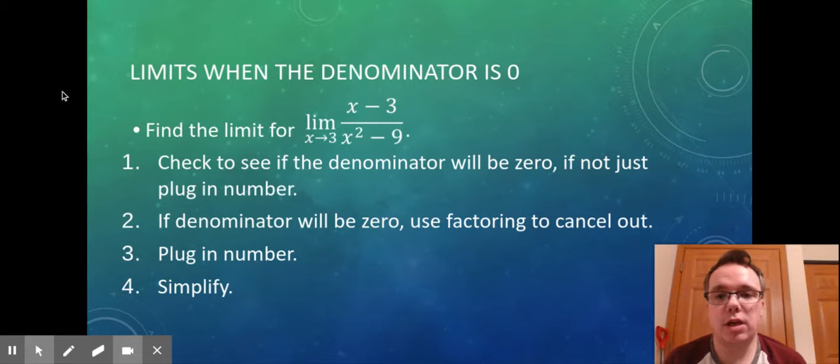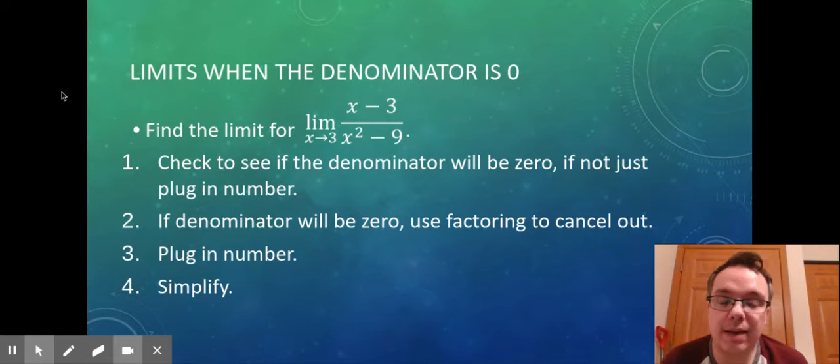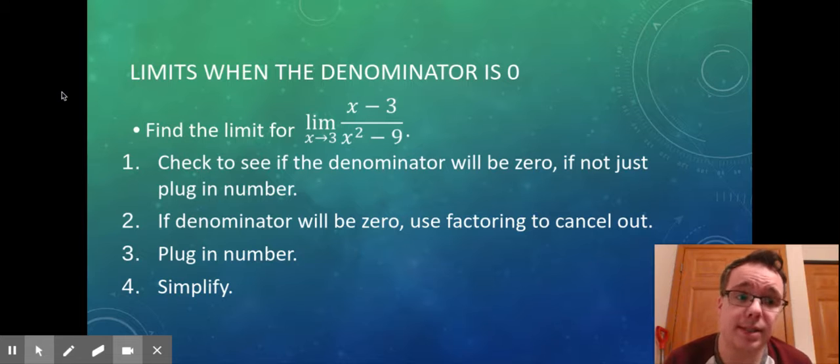All right, so with this slide, we are going to do the example with the limit as x approaches 3 of x minus 3 over x squared minus 9 together. But notice that if I did plug in 3 right away, 3 squared is 9 and 9 minus 9 is 0. So we would get a denominator that would be 0. And as you all know, we cannot divide by 0 because that is physically impossible. Doesn't mean anything.